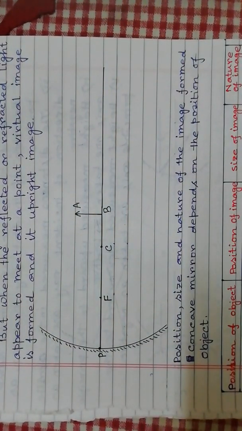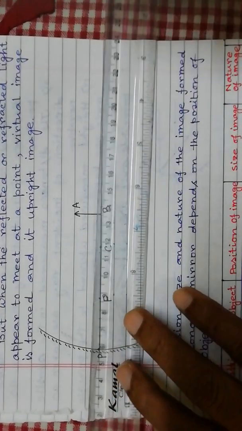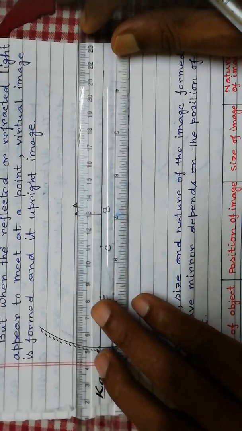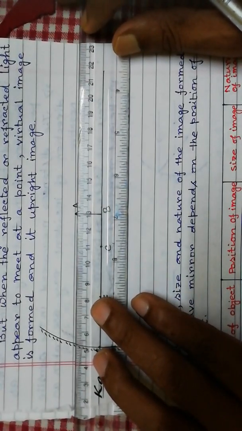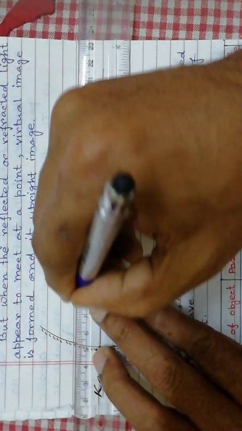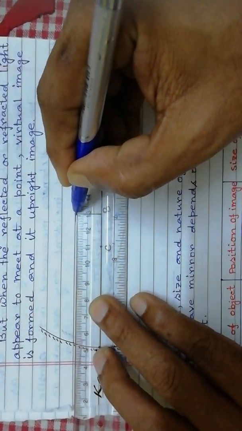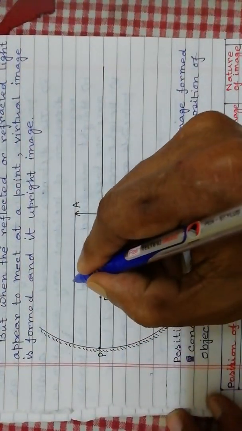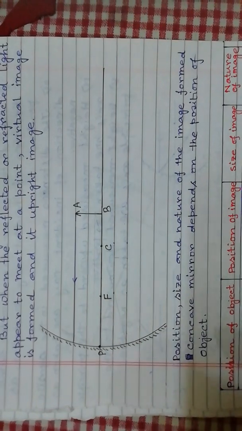We take 2 light rays from A. One will be parallel to the principal axis. This is the incident ray, parallel to the principal axis.